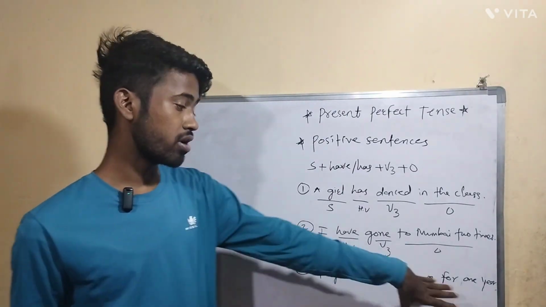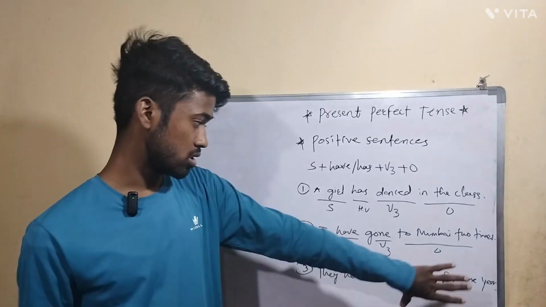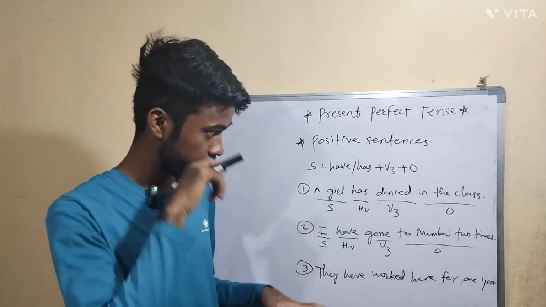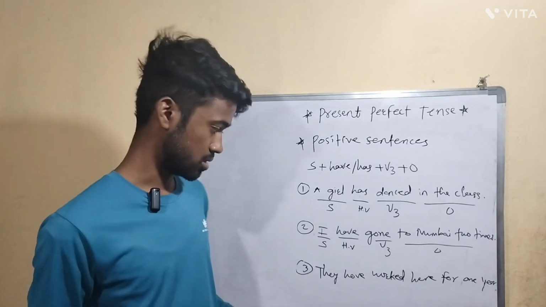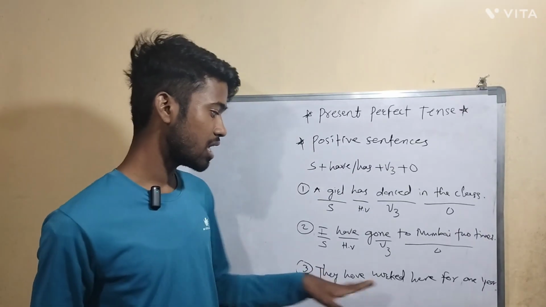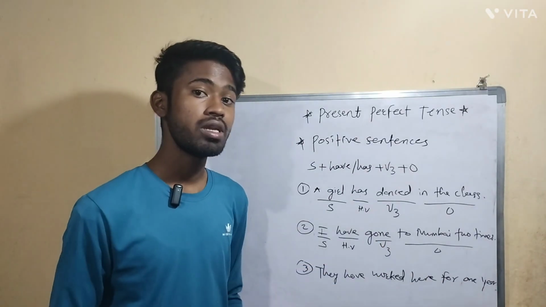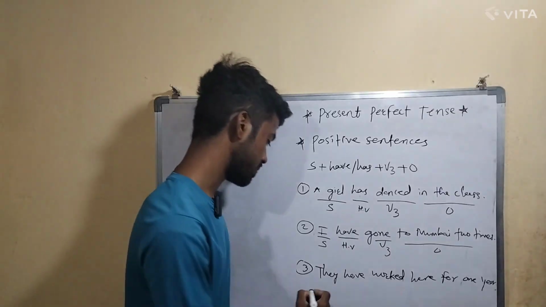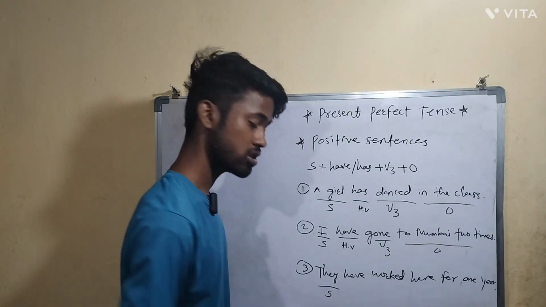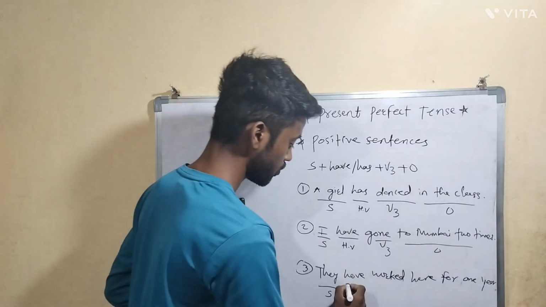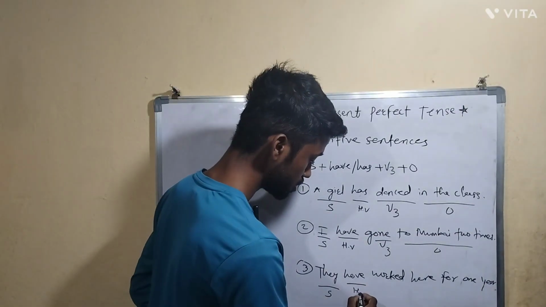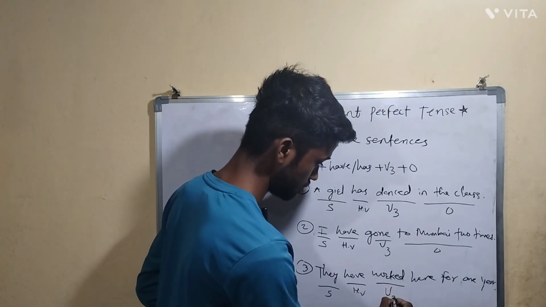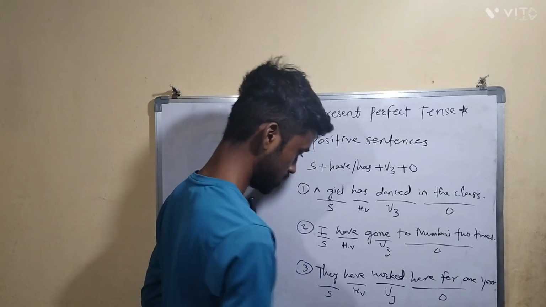They have worked here for 1 year. So this is telling about a one-time duration, right? So this is the past action and this is a recent action. So here, what is the subject? This is the subject and it is plural, right? That is the reason I have taken have as the helping verb. And this is the third form of verb and the remaining part is the object.